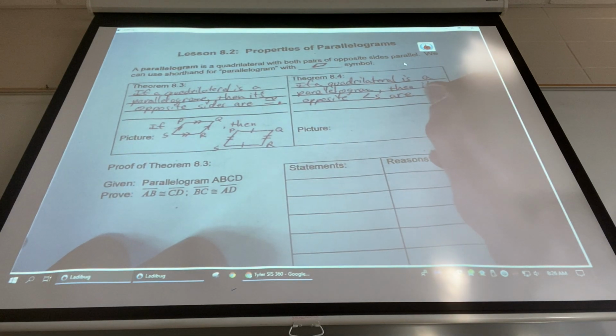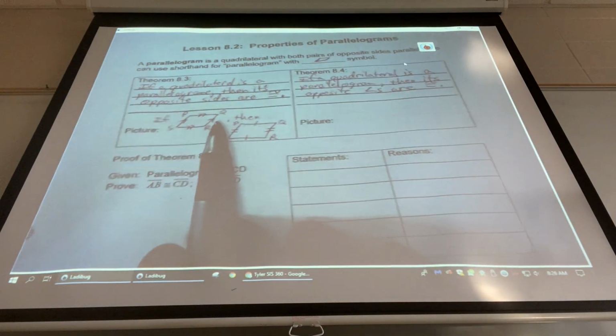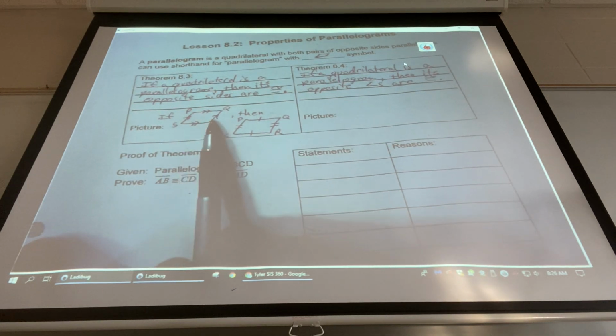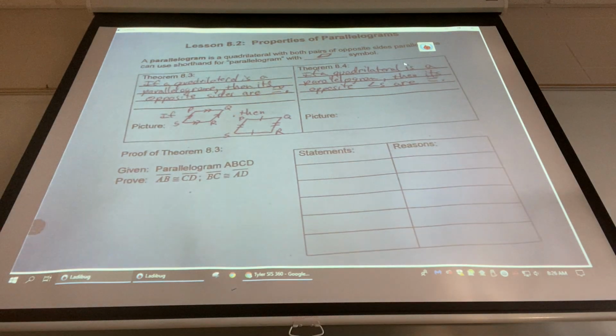Its opposite angles are congruent. And I think when you got a picture, you can kind of see that because aren't these both, they both appear to be obtuse, don't they? And these both appear to be acute. So it's a little bit intuitive.